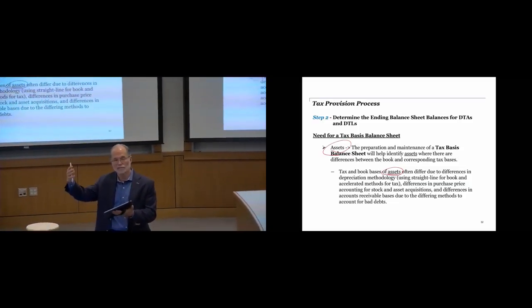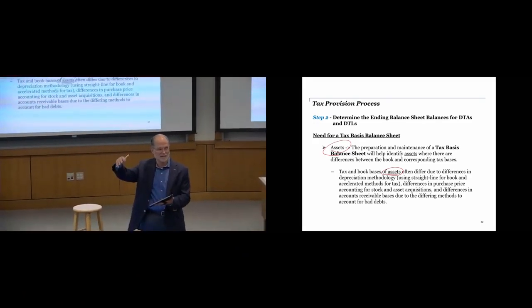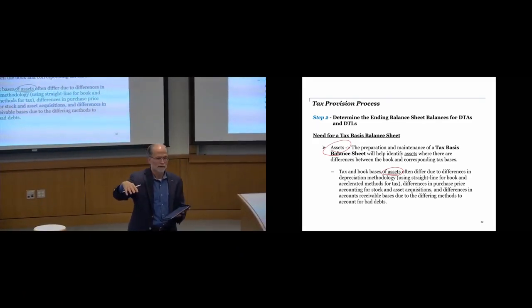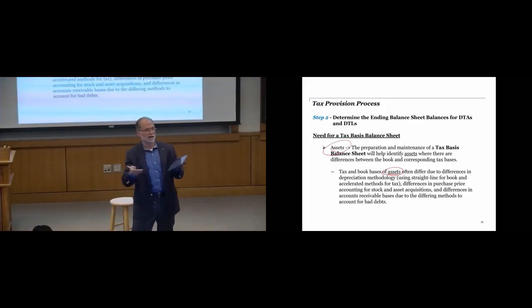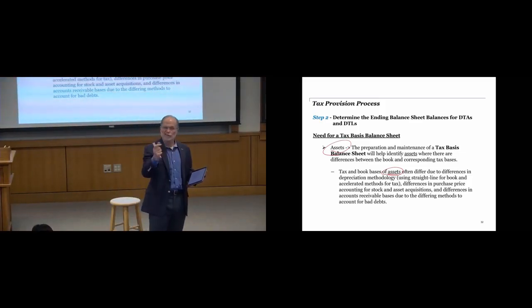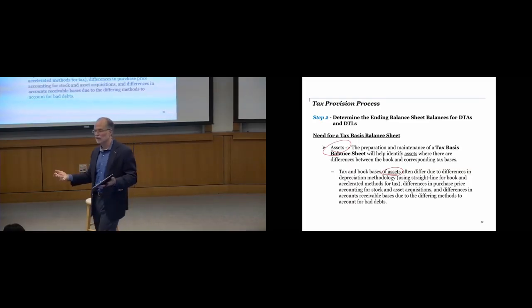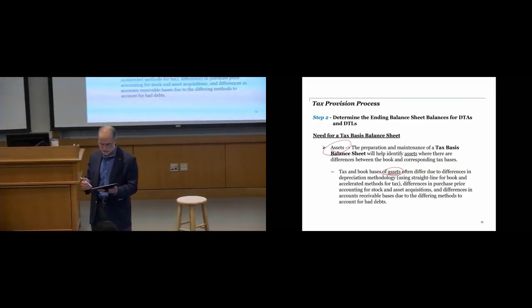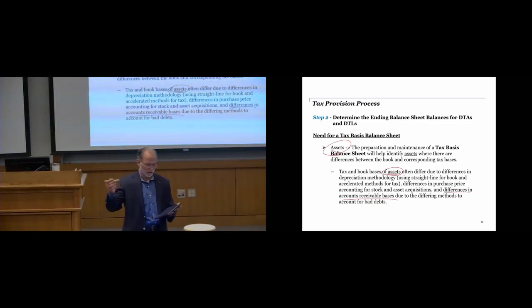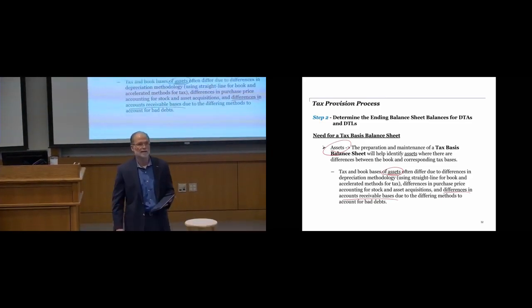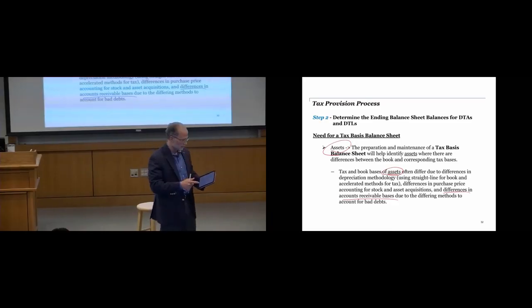I don't step up the basis of underlying assets when I buy stock of a corporation. Okay? If I buy assets, I step up both. I start amortizing them, but remember I could have a difference in goodwill. I could have a difference in the recovery periods of those. And I could have differences in accounts receivable basis due to differing methods to account for bad debts. So those are the common examples for assets.